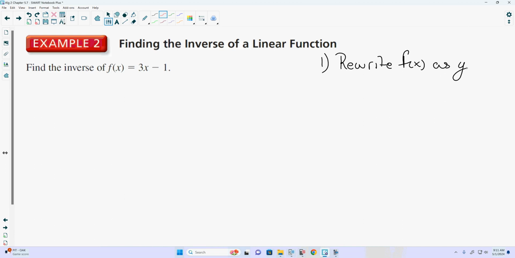It could be f of x, g of x, h of x, q of x. We're just rewriting it as y. We don't always have to do this, because they may already give us the equation in y equals form. If it's already in y equals form, we don't have to worry about step 1.